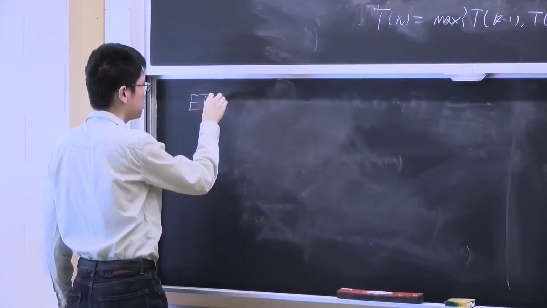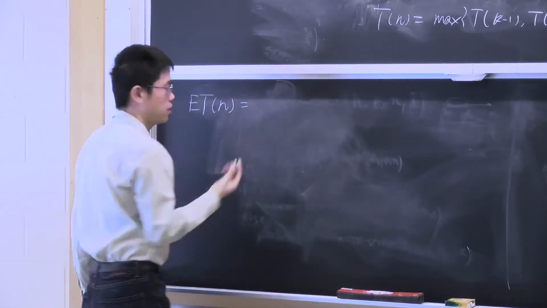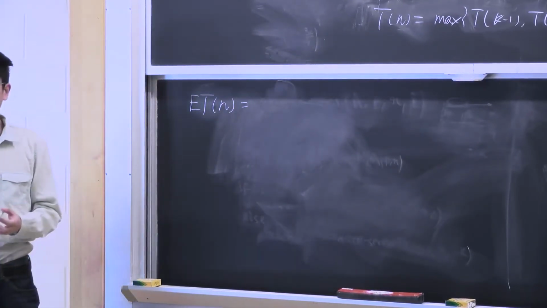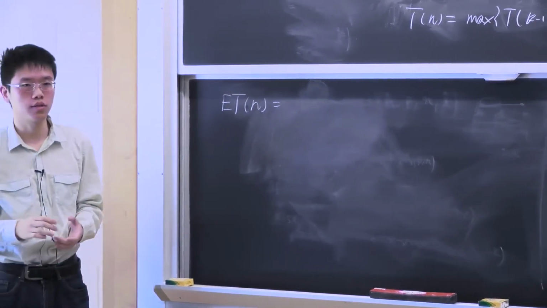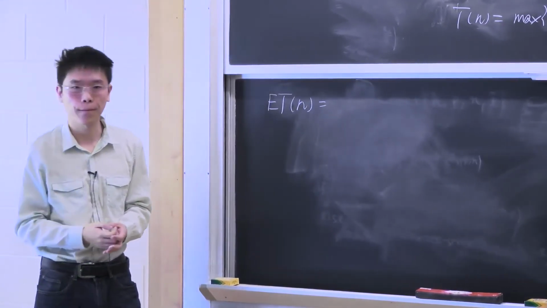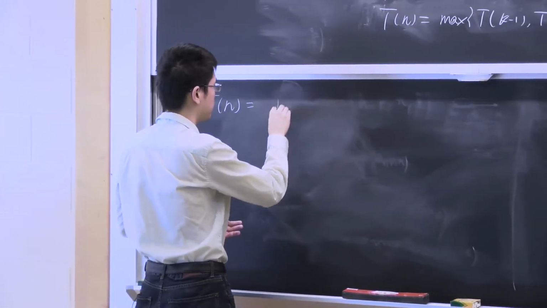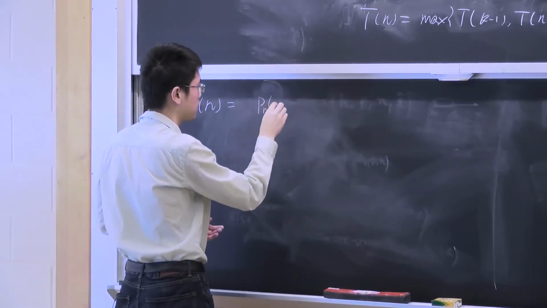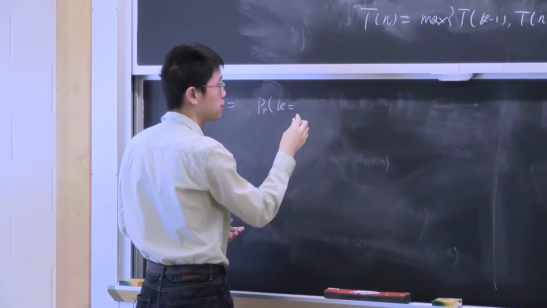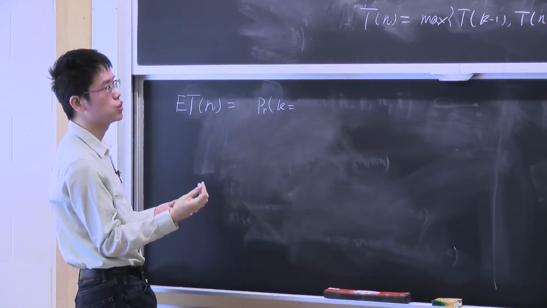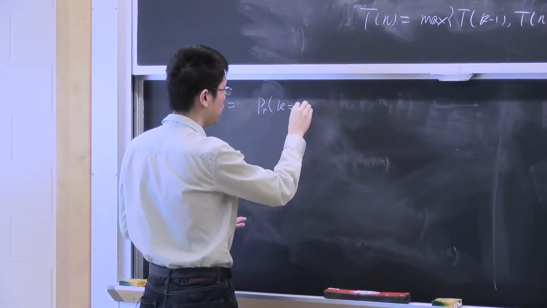So the expectation of T of n is taking the average over all the randomness, which means the choice of k. Right, so there is a probability that my k is equal to j.